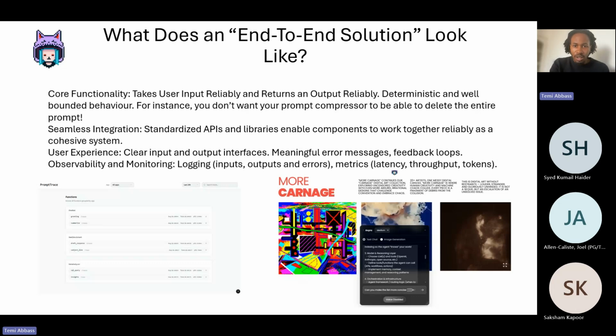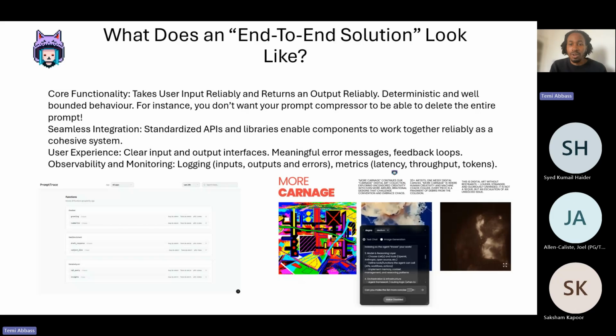Two images on the bottom. Prompt Trace is a solution that we worked on most recently for our AI chatbots and our image generator. Prompt Trace wraps around any sort of LLM or agent calls in Python, and it reads the inputs and outputs. It allows us to keep track of what's going in, the latency of messages or LLM calls, and the number of tokens.